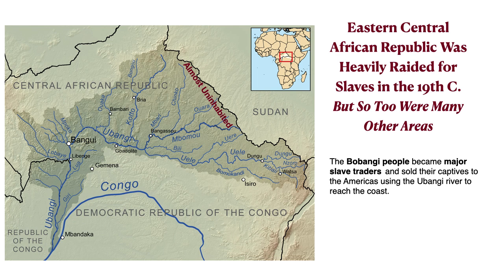There was one particular ethnic group, the Bobangi people, who had a very important economic niche, if you will, of raiding and enslaving people and selling them. This was done through river systems. They went up the Ubangi River and up into its tributaries into these areas. So they're almost uninhabited today, but they probably had significantly more habitation before the slave raiding commenced.